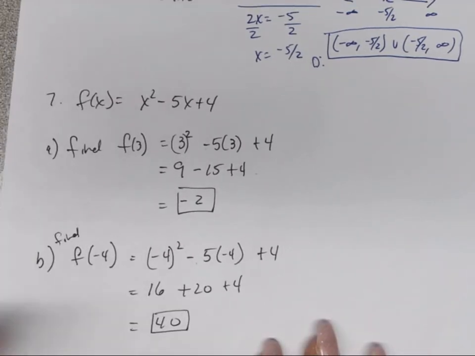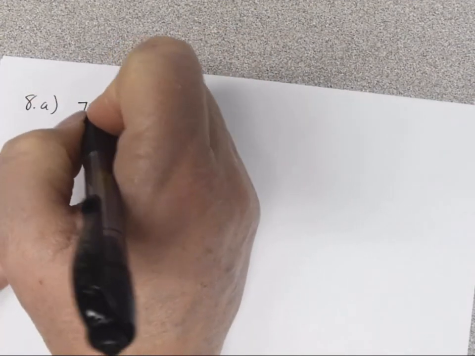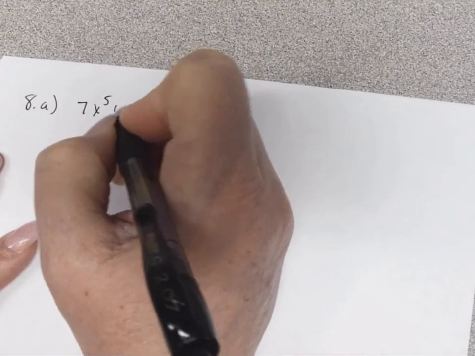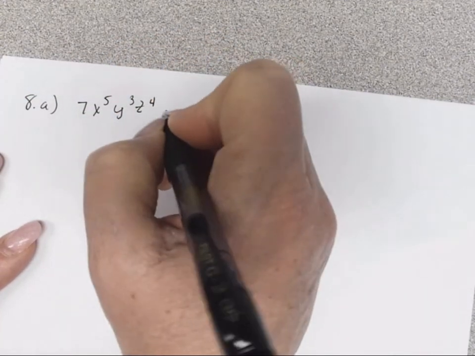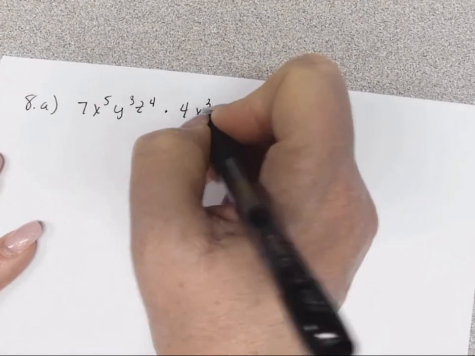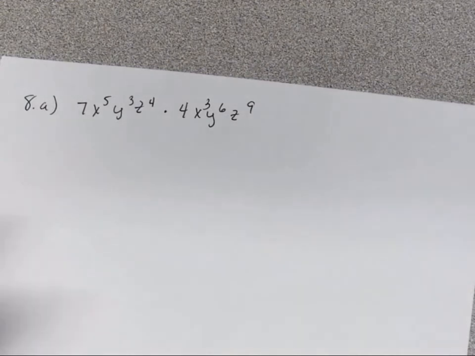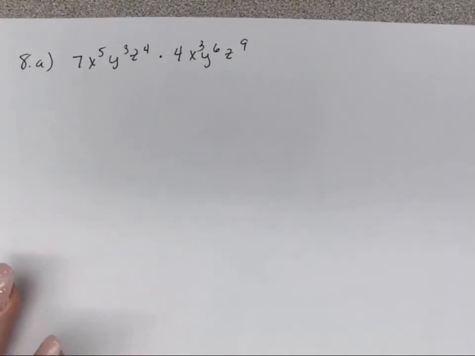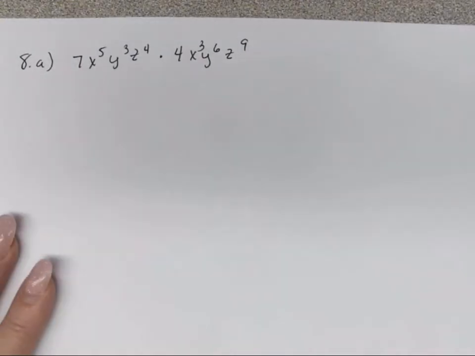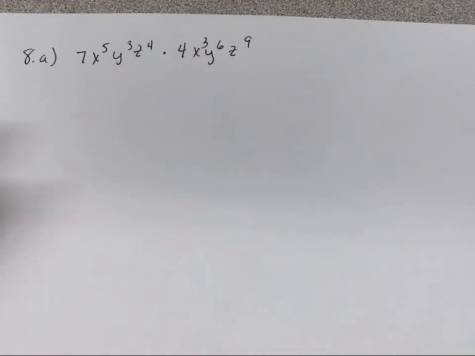All right, the next thing we're going to look at is writing with positive exponents. So for number 8, we have 7x to the 5th, y cubed, z to the 4th, times 4x cubed, y to the 6th, z to the 9th. So here, we're writing with positive exponents. So far, we have positive ones, so we're just simplifying this.